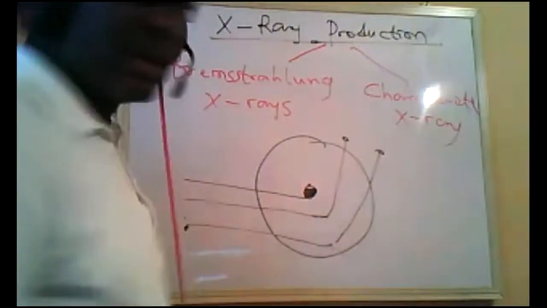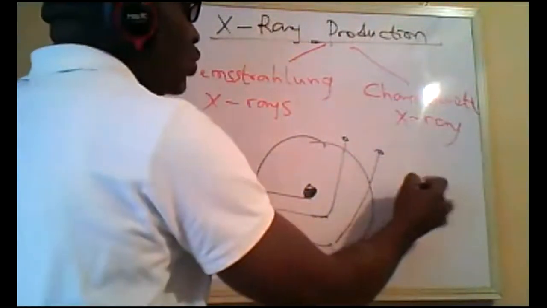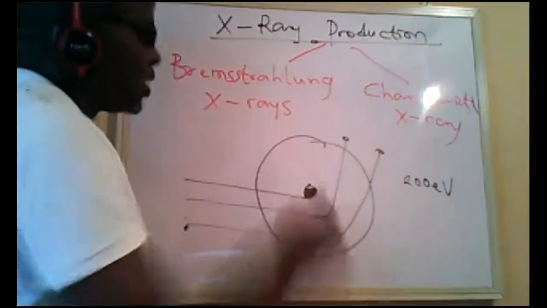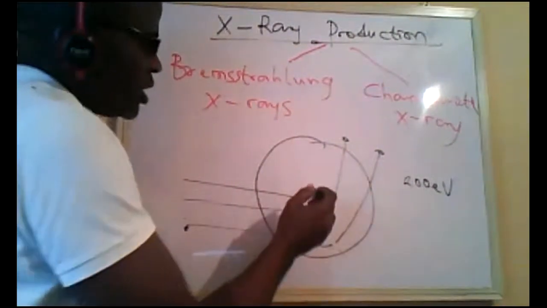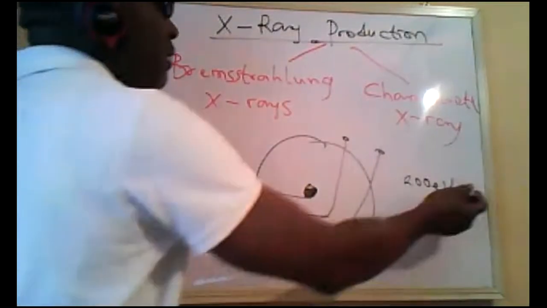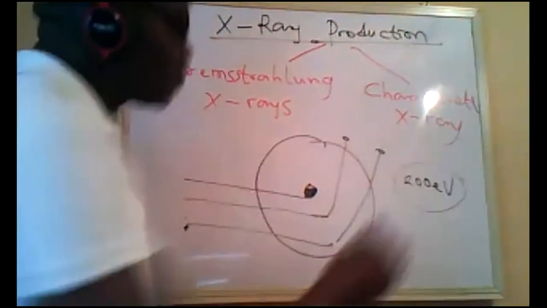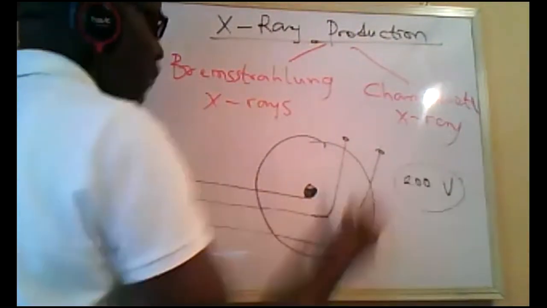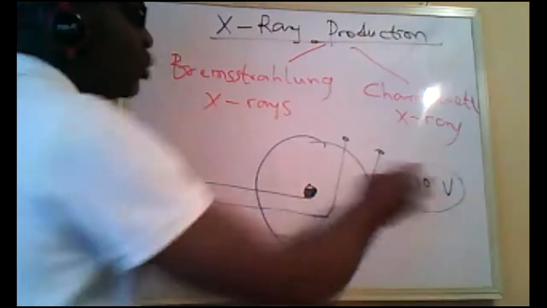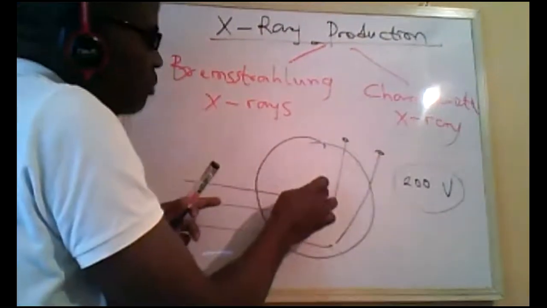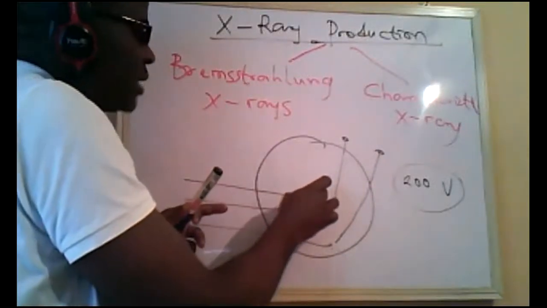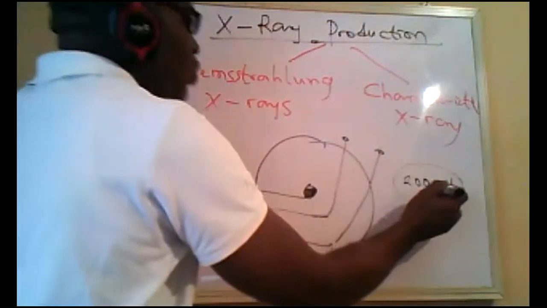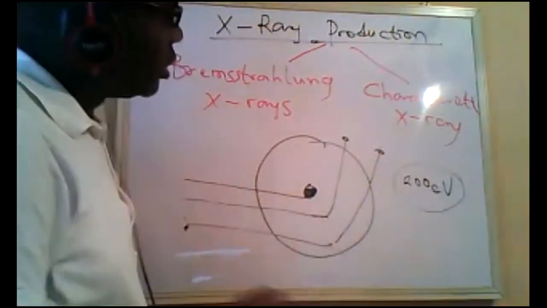For example, if we apply a voltage of 200 between the cathode and the anode, it's only the electrons that come directly in contact with this nucleus that will have 200 electron volts.